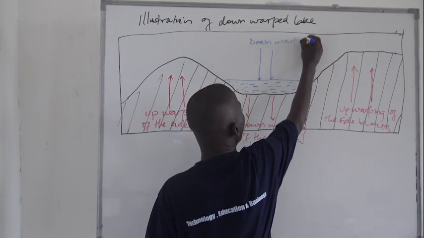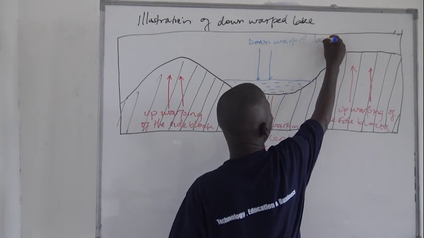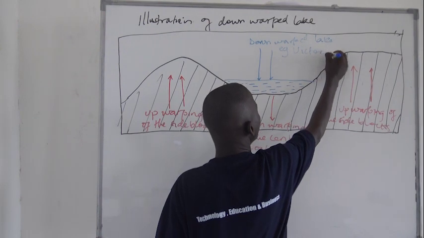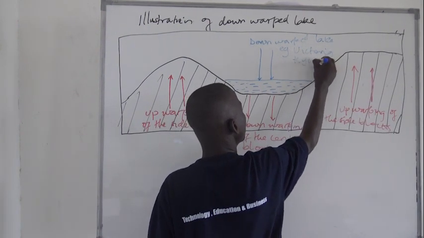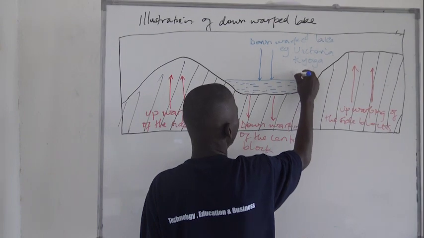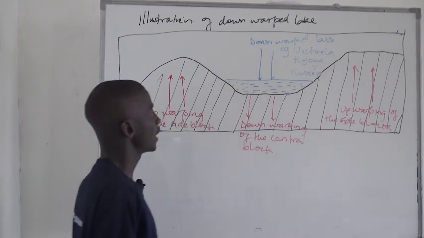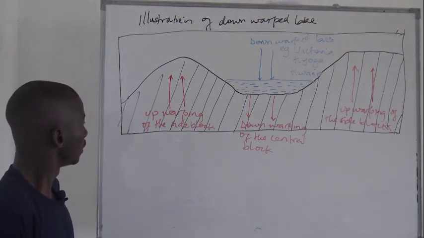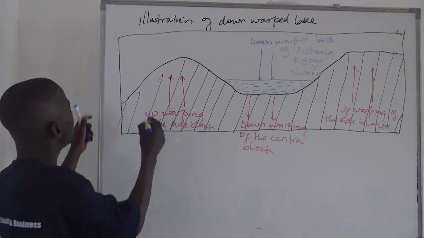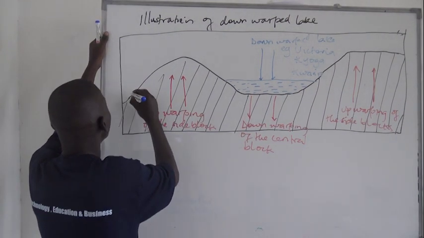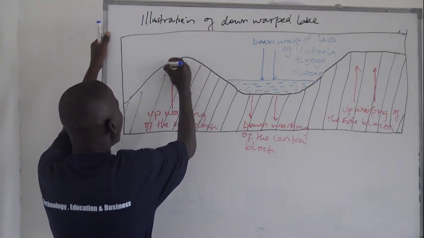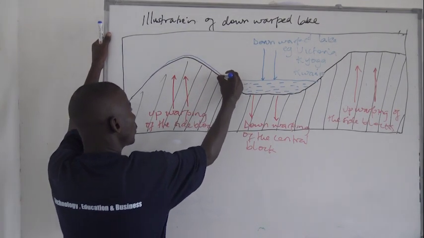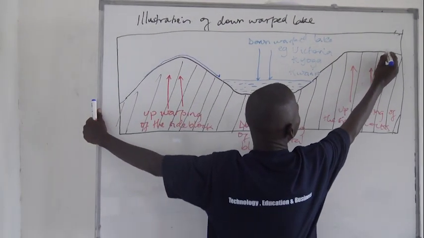This is our downwarped lake. Examples are Victoria, Kyoga, and Kwania. They all fall under downwarping. So we said that there are some rivers that were flowing eastwards and westwards, which were forced to reverse their flow of water and started pouring water into this depression.